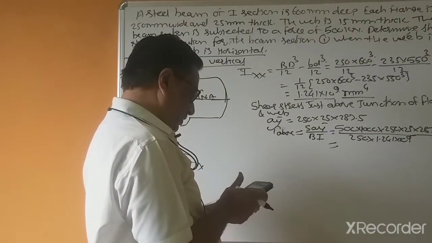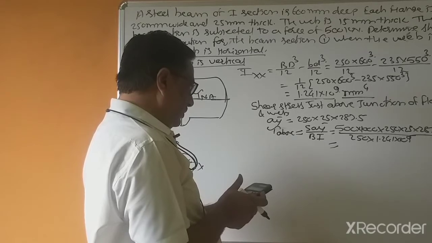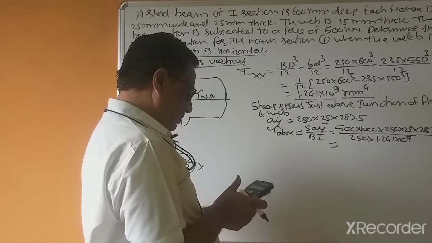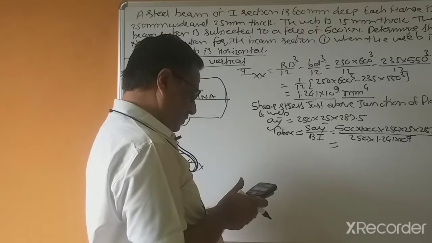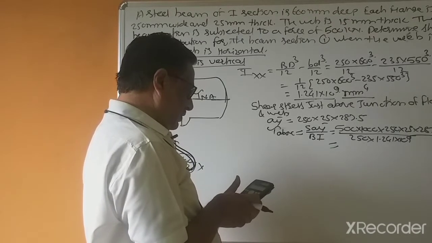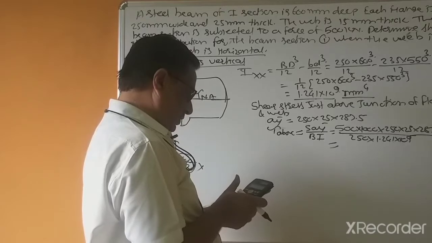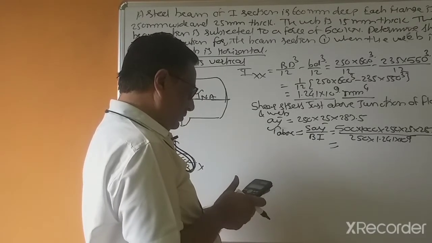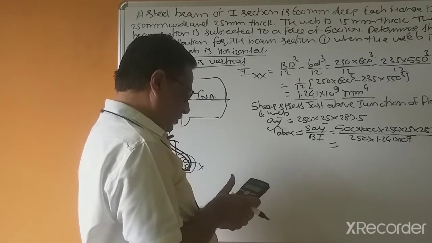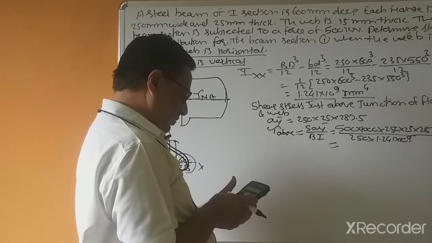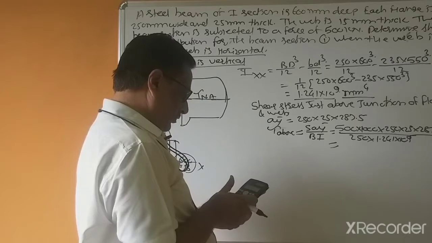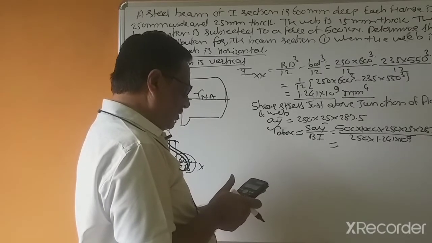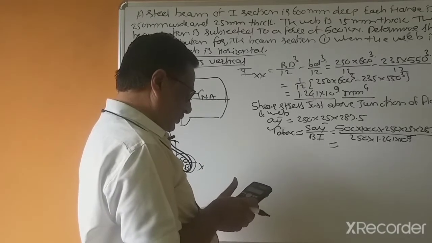So, 500 multiplied by 1000 multiplied by 250 multiplied by 25 multiplied by 287.5 divided by 250.